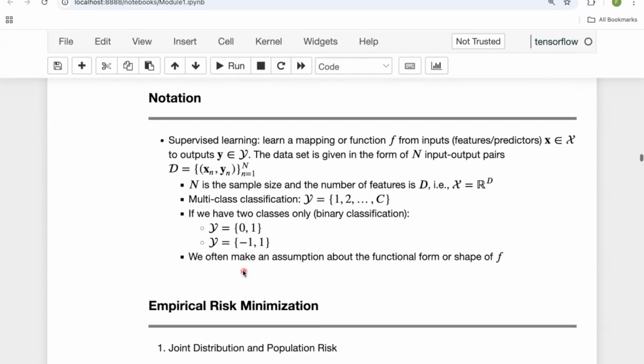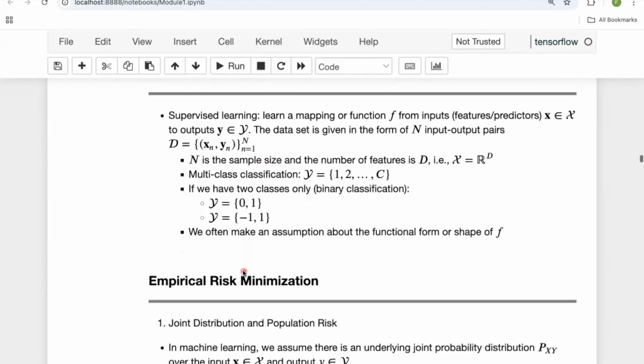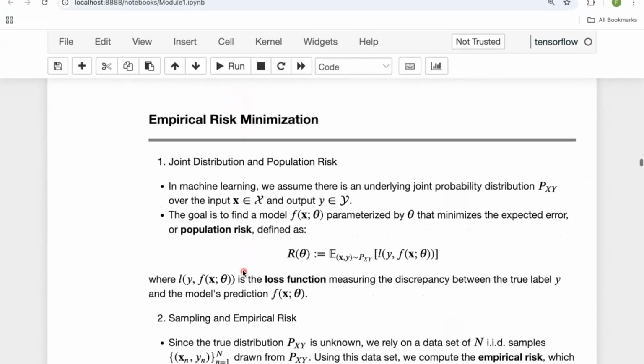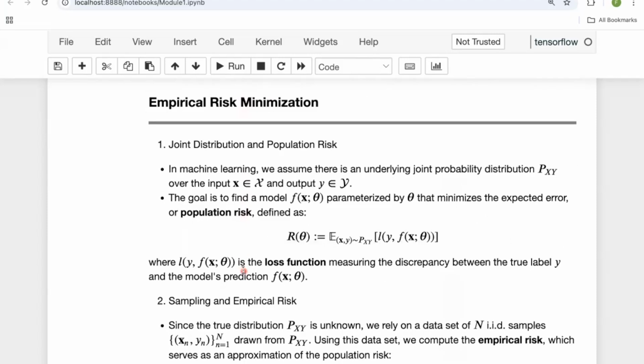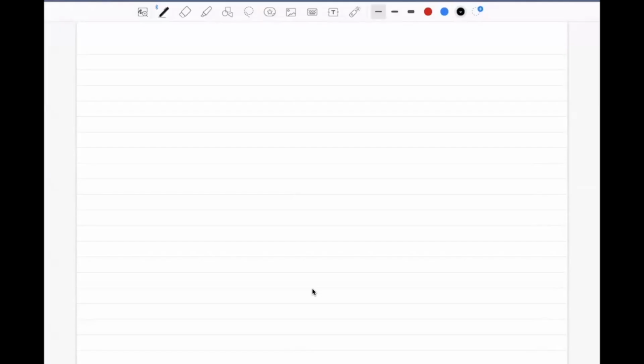So with that motivation in place, now let's talk about one of the most important concepts in machine learning, which is this idea of empirical risk minimization. Okay, so to understand empirical risk minimization, let's start with what we know. So we have a data set which we show using D, and this contains these input-output pairs.